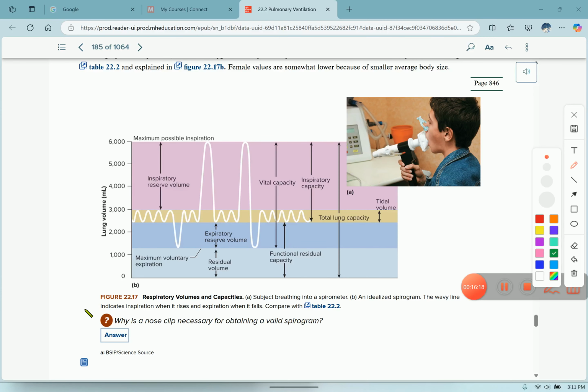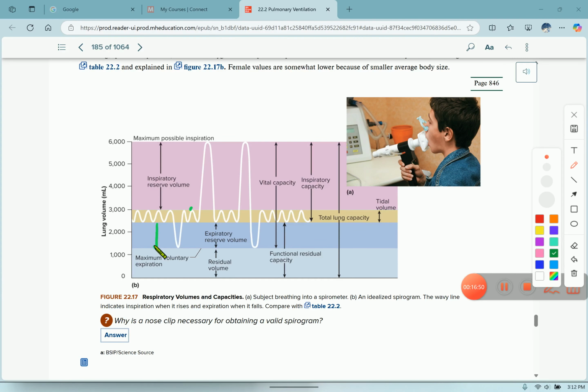If you do a regular max inhale, that's called the inspiratory reserve volume. We are going to go from about 2,500 up to 6,000, or more specifically, maybe around 3,000 to 6,000. So you're going to increase your inspiratory reserve volume by about 3,000 mils.